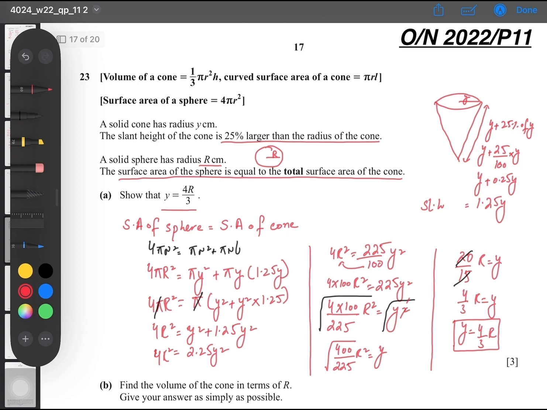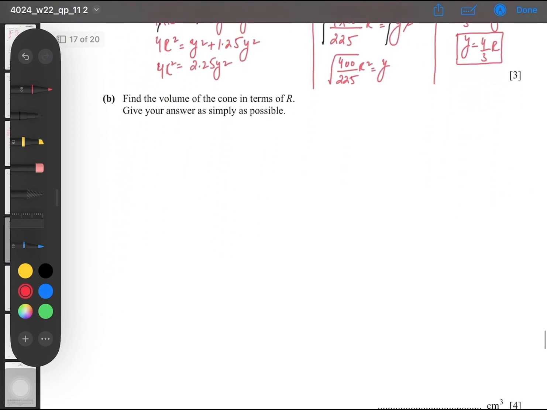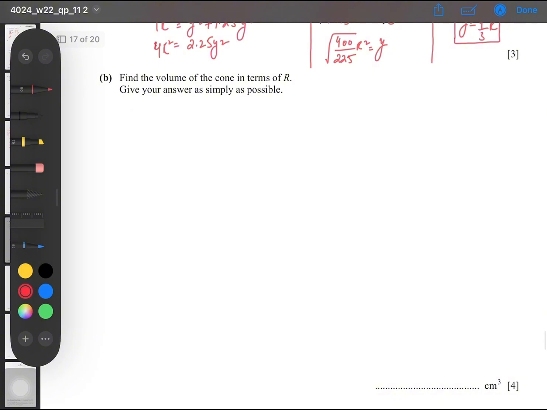So come to part B. Find the volume of the cone in terms of r. Give your answer as simply as possible. If you see, the radius of the cone is y and the slant height is 1.25 y.